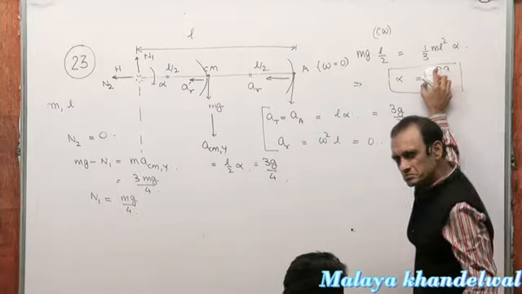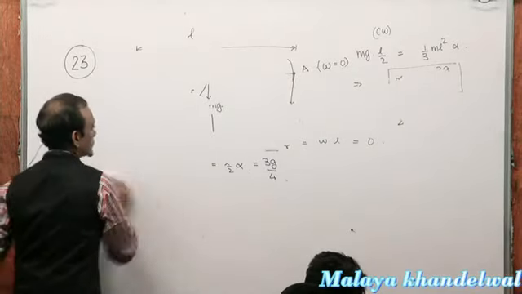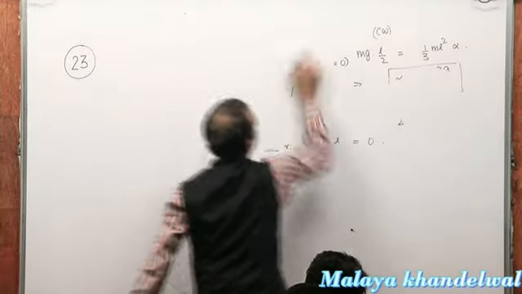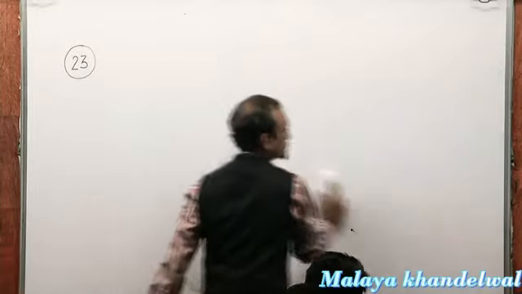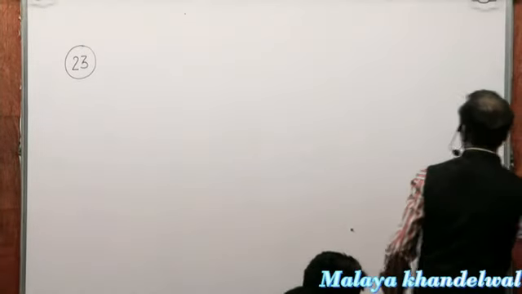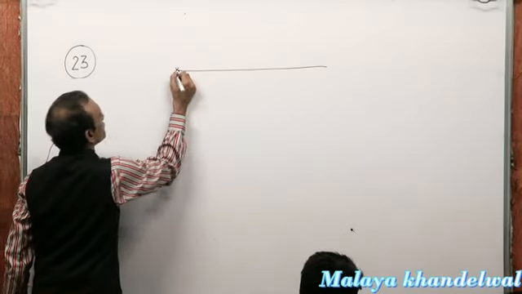Understood? Now when the rod becomes vertical, so this was the original rod, hinged here.